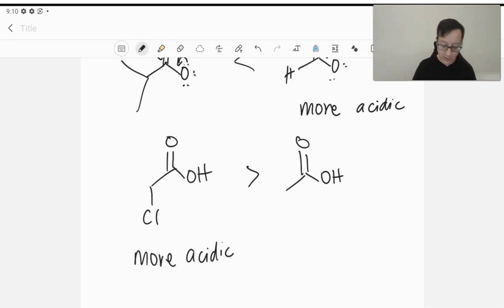If we put more chlorines on there, so same acid with now 2 chlorines, pretend that one's a chlorine, that will be more acidic. The more chlorines you put on, the more acidic. If they're fluorines, it's even more acidic than chlorine, because fluorine is a much better electron withdrawing group. If we put a nitro on there as well, we would expect similar results.